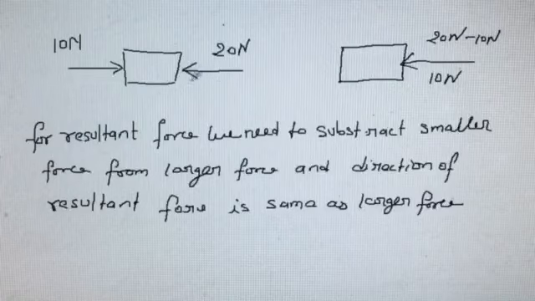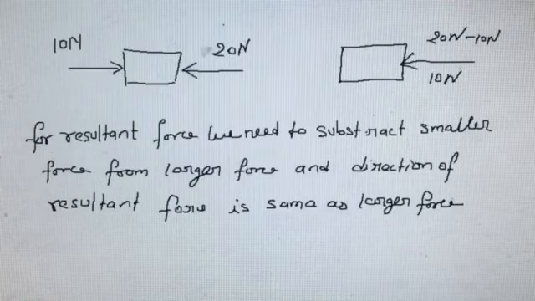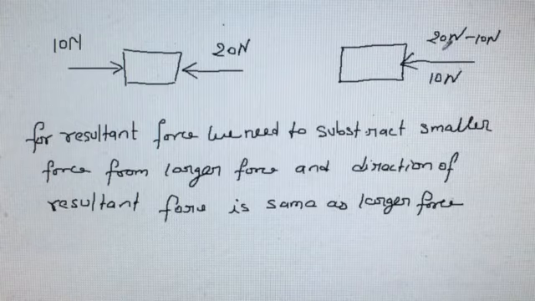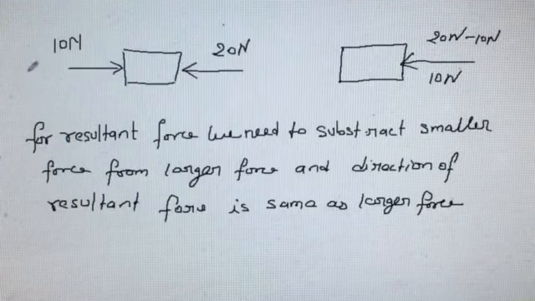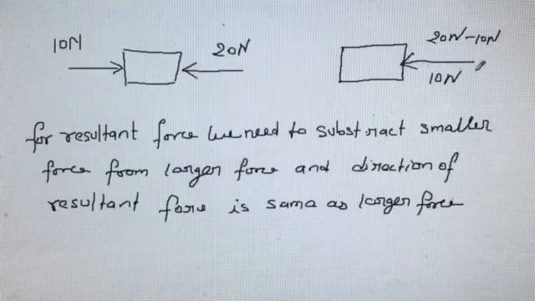See, in this example, 20 Newton is larger than 10 Newton and resultant is of 10 Newton. 20 minus 10, that is 10 Newton. 20 Newton is trying to move this block in the left direction, 10 Newton is trying to move this block in the right direction. But resultant is of 10 Newton, which is tending to move this block in the left direction.